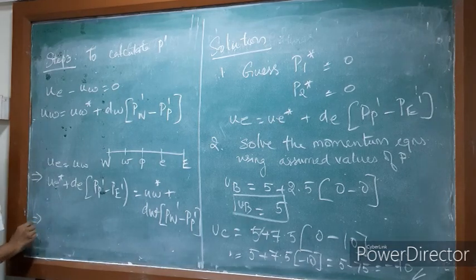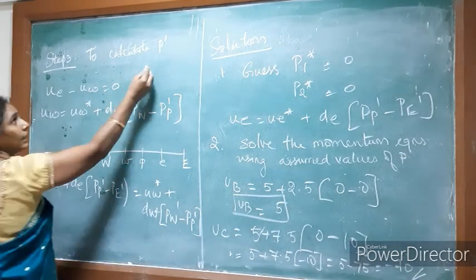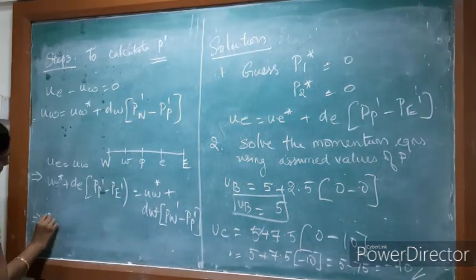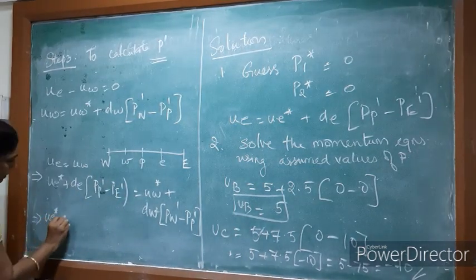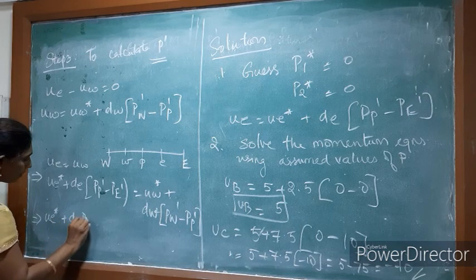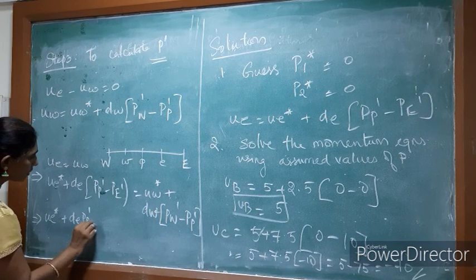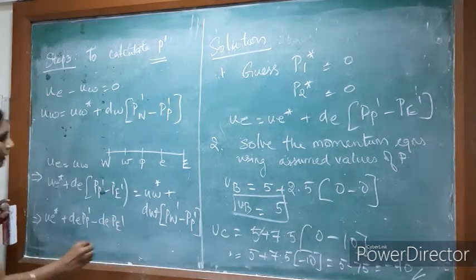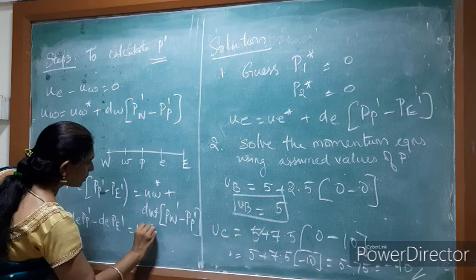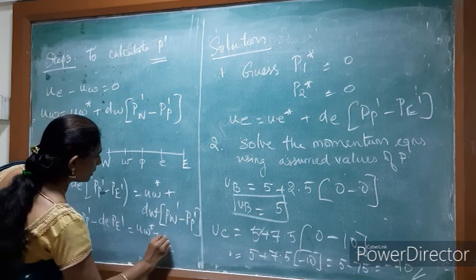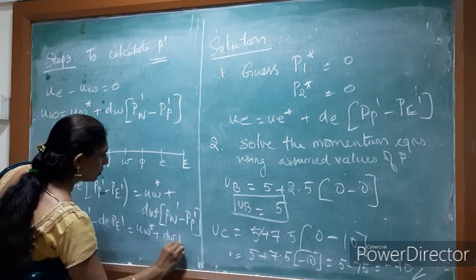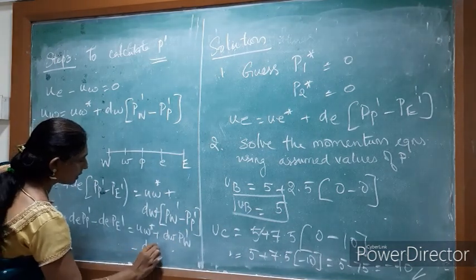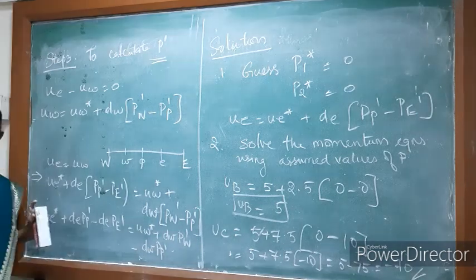Now I'm going to rearrange the equation in such a way that I arrive at the value of the correction factor, that is P dash. So UE star plus DE PP dash minus DE PE dash will be equal to UW star plus DW PW dash minus DW PP dash, right?